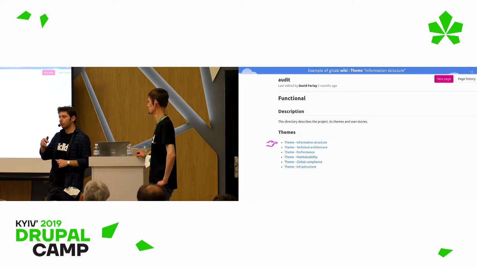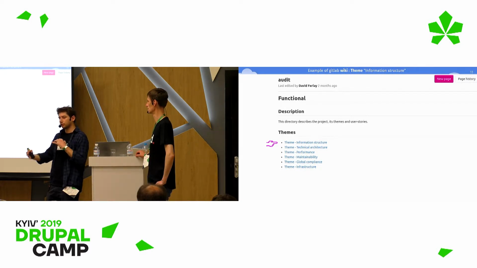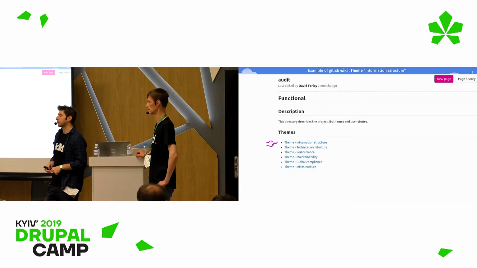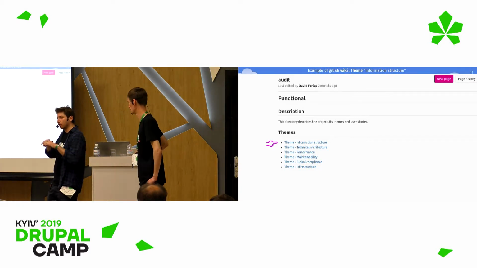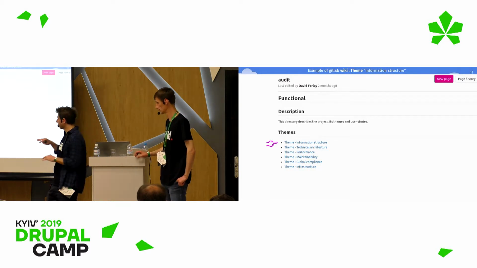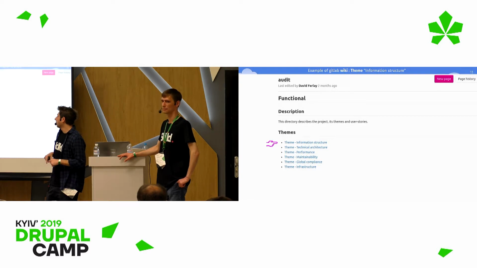Technical architecture will be more about the global transversal topics of the website. Like how is multilingual set up, and how is it managed? And what about caching? What about responsiveness? All these high-level topics will be dealt with in the technical architecture theme.